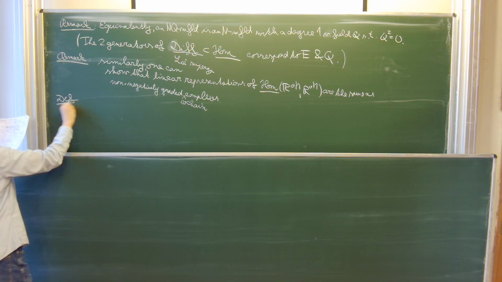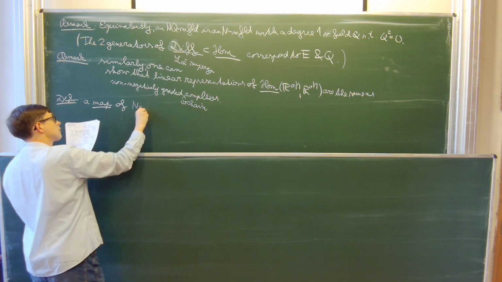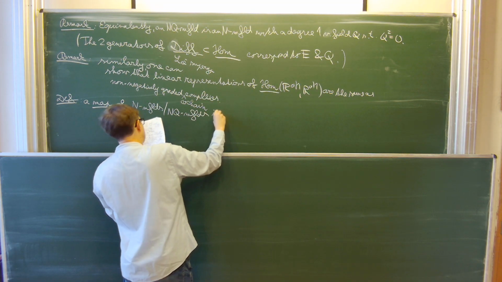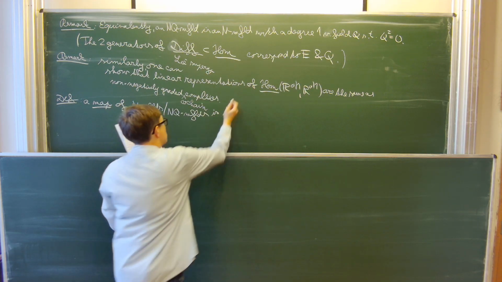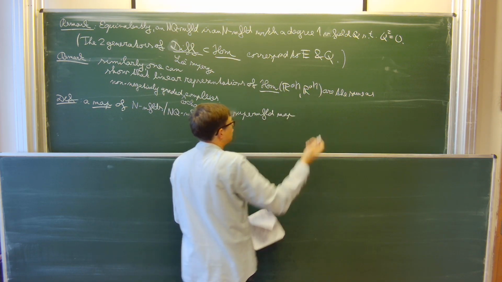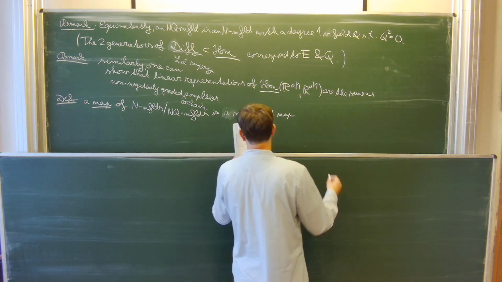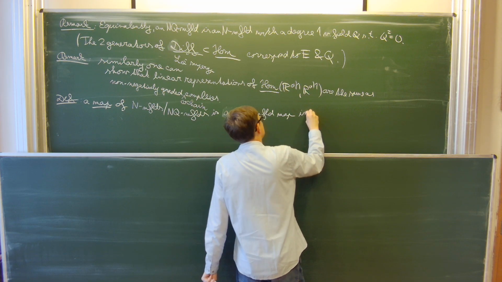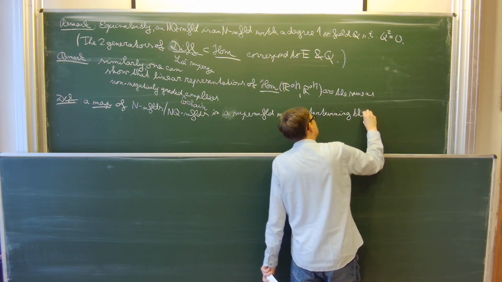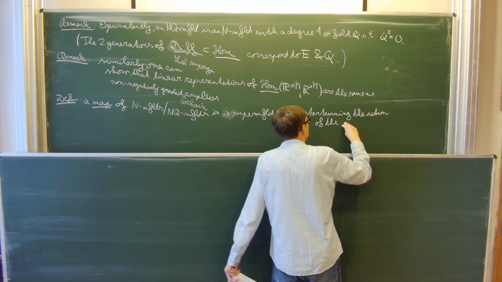Definition: a map of, and now we can do two things at once, N manifolds or NQ manifolds, is a supermanifold map compatible with the corresponding group, or sorry, monoid action, intertwining the action of the monoid or supermonoid.